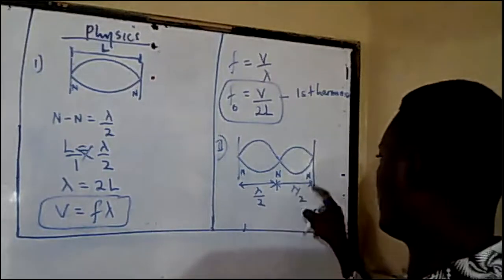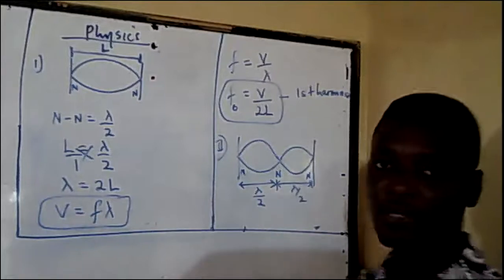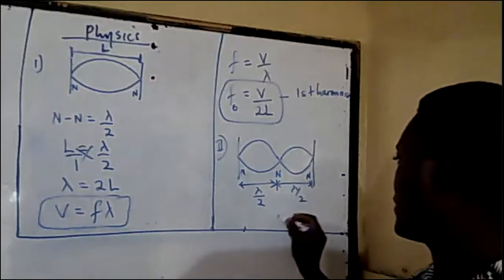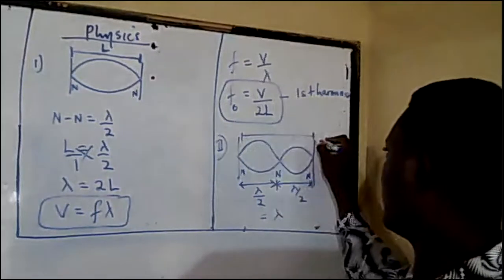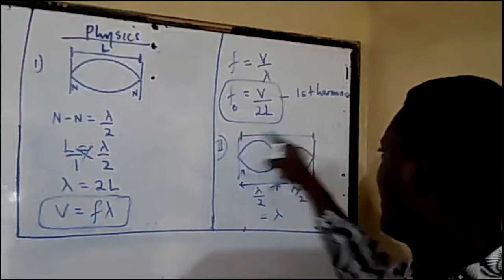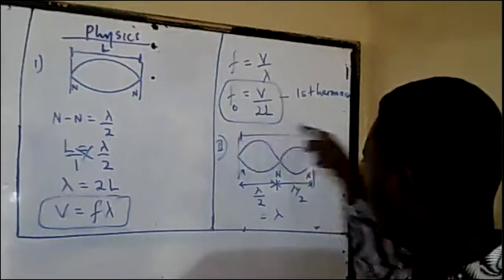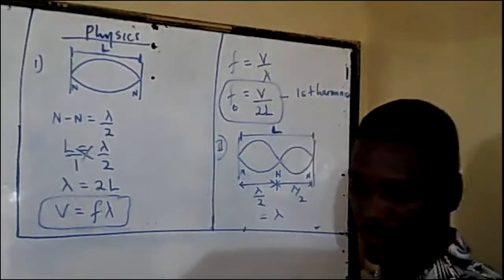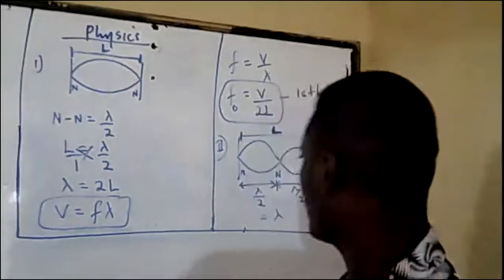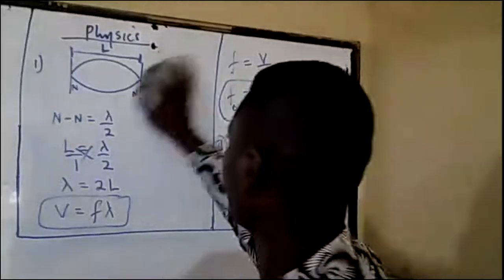If you add lambda over 2 plus lambda over 2, look for the LCM. What are you going to get? You are going to get ordinary lambda, right? Now, if you measure from this point to this point, that acts as a barrier or obstruction, from this first obstruction to this other obstruction, then that gives you your length L. So equating L to lambda.